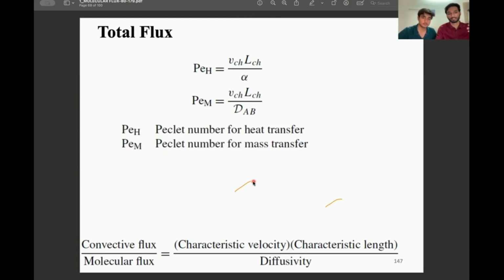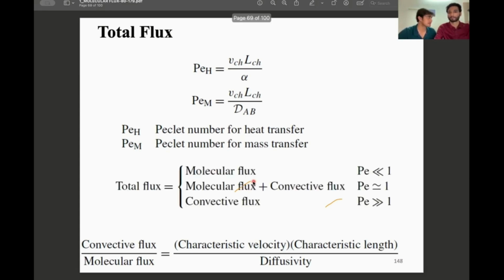Now let us discuss the importance of the dimensionless number. We have already discussed this previously: it is the ratio of two different quantities and it shows the dominance between the two quantities, which is flux in our case, convective to molecular flux. If our Peclet number is less than 1, we use the formulas for the molecular flux. If it equals 1, there is molecular flux as well as convective flux.